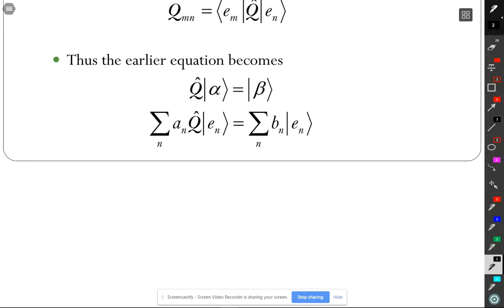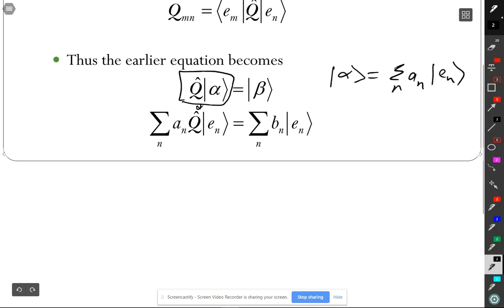Now, this here, Q operating on alpha, by definition, we said that alpha we would define as the sum over n of a sub n e sub n. So that's what has been done to make this. And we said that beta was defined as this. So if Q alpha gives me beta, then I'm going to have this relationship here.